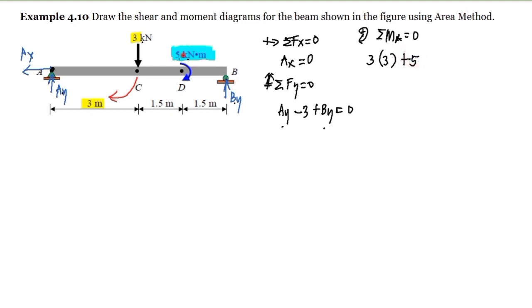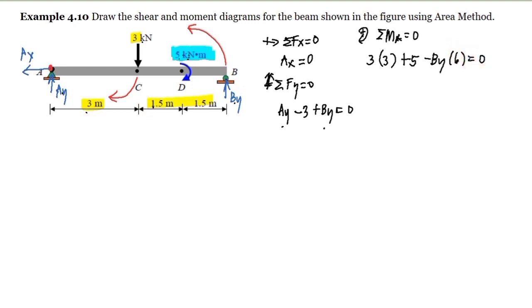Since moment na po ito, you don't have to multiply this with a distance kasi moment na siya. Then, si BY, that would be negative kasi it will rotate counterclockwise with respect to point A. So, we have here negative BY, and the distance perpendicular to that is this 3 plus 3, so the total of 6. So, this is times 6 is equal to 0.